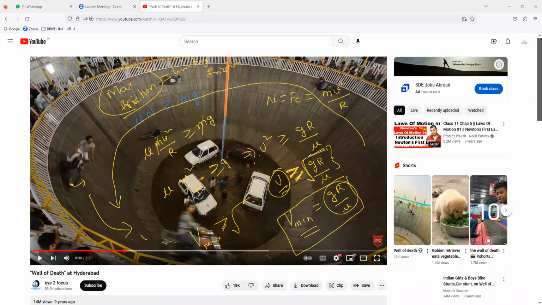By applying the centripetal force, the persons are able to do it if they maintain the velocities, related to their tires and the frictional force which is present. They always maintain maximum friction between the surface and the tires, then only it is possible to revolve. Otherwise these persons will fall into the well, and there are many death cases in this, that is why it is called the death well.